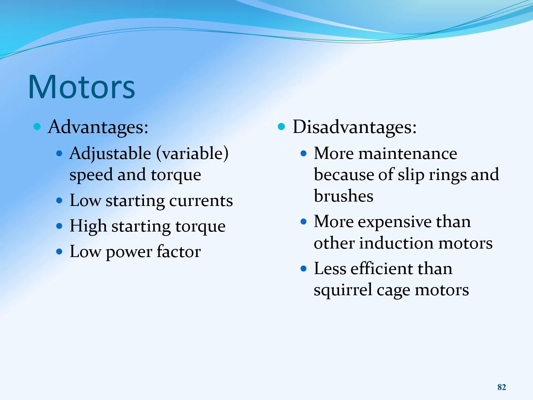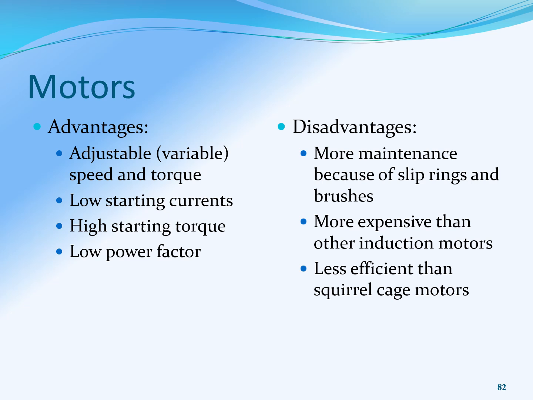These motors have, of course, their advantages and disadvantages. The advantage is that they have a better starting characteristic than the squirrel cage motor. However, they're less efficient due to the slip ring and brushes or the rotor resistance losses.